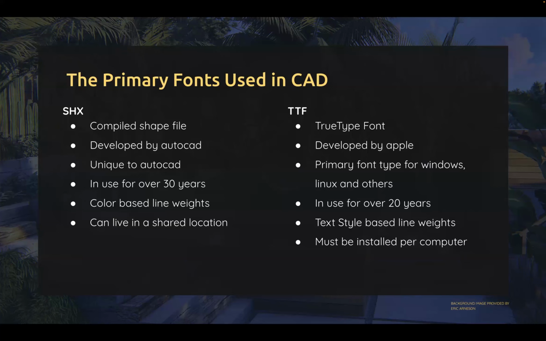A lot of people will put this in the pro column for an SHX font, but maybe that was the case earlier on when TTFs were just getting on their feet. A big critique of TTF fonts was that you only had a regular and a bold version of the font. And as you'll see later in the presentation today, that's just simply not the case.